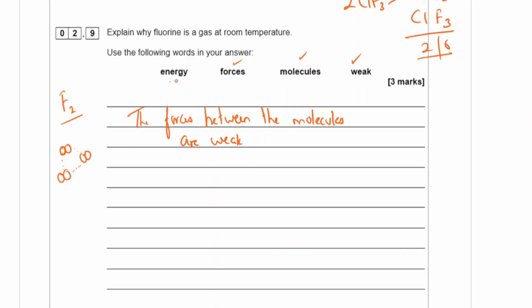We need to use the word energy. Why is it a gas at room temperature? Because you need less energy to break these bonds. So even at room temperature, the temperature is high enough for the molecules to break these bonds to form gas molecules.